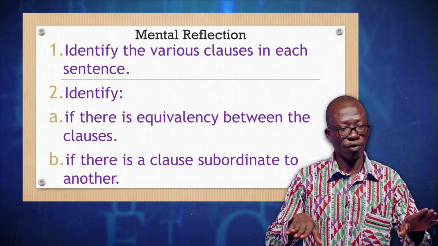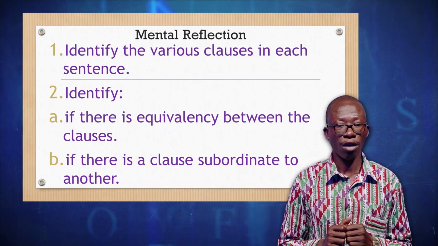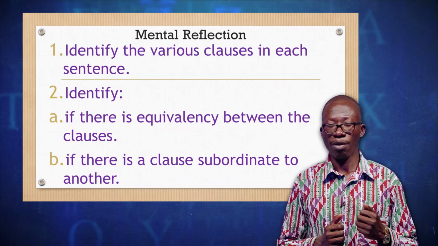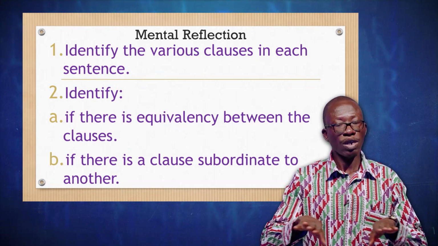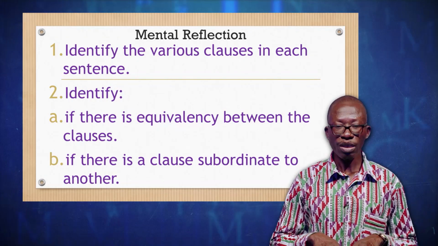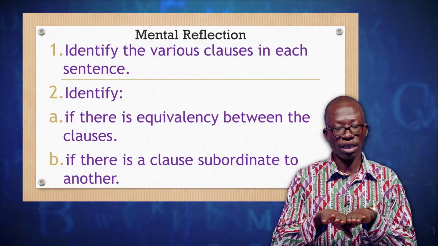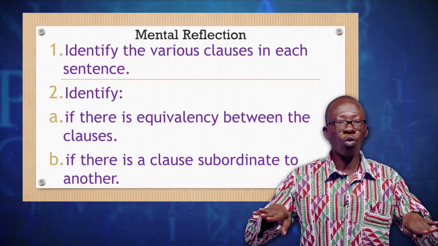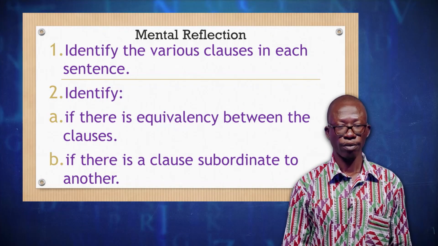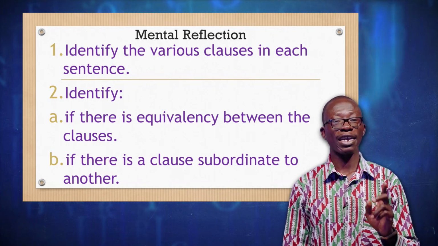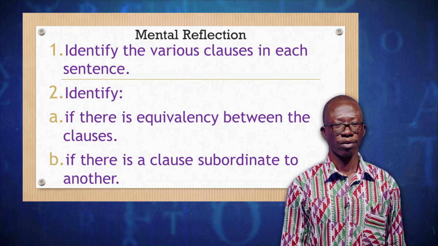Those coming from the class of addition, some coming from the class of contrast, some coming from the class of result. We saw that. So when you have 2 independent clauses linked together by a coordinator, then we say this is of equal weighting. There's equivalency between the clauses. So that's what we're going to do. After identifying the clauses, are these clauses of equal weighting?